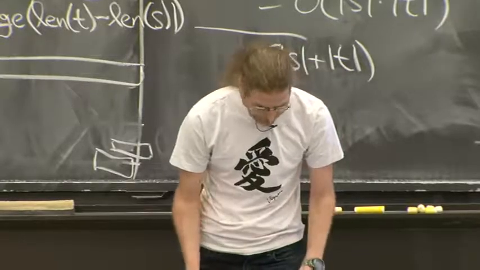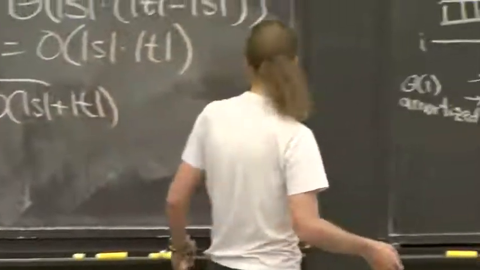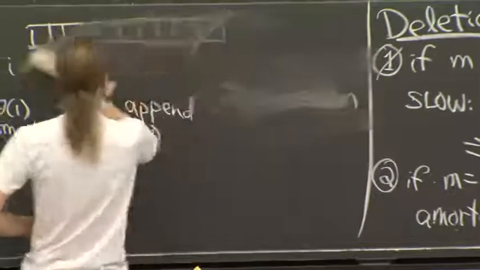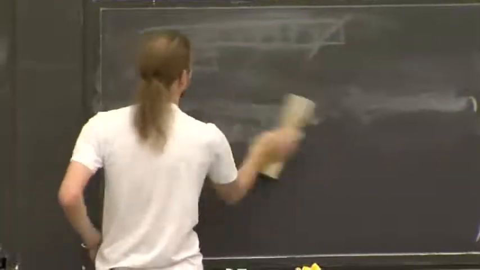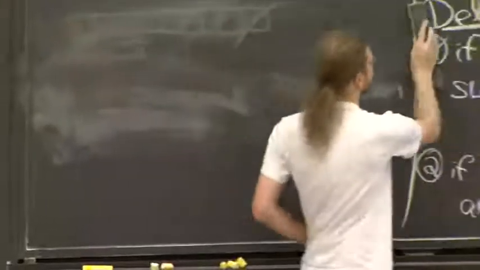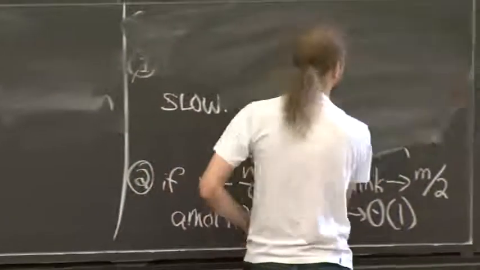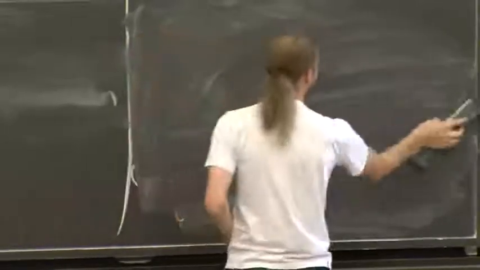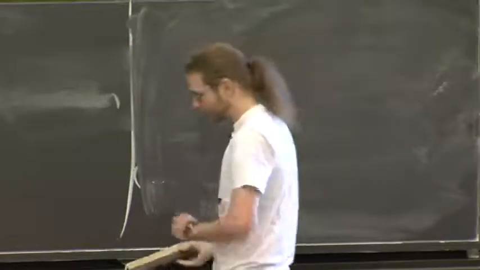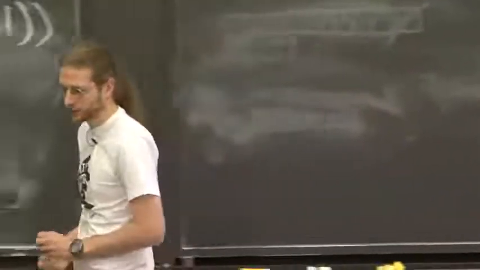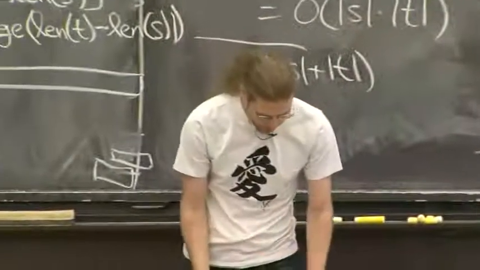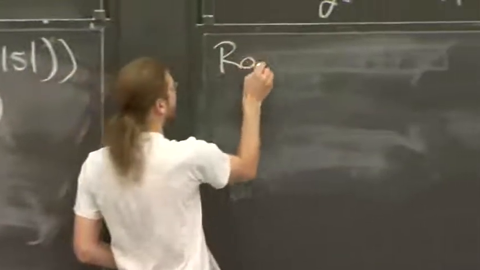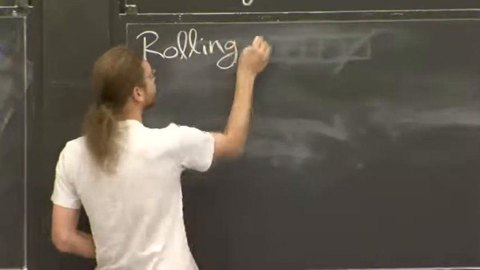So I think I'll do things a little out of order from what I have in my notes, and tell you about something called rolling hashes, and then we'll see how they're used.